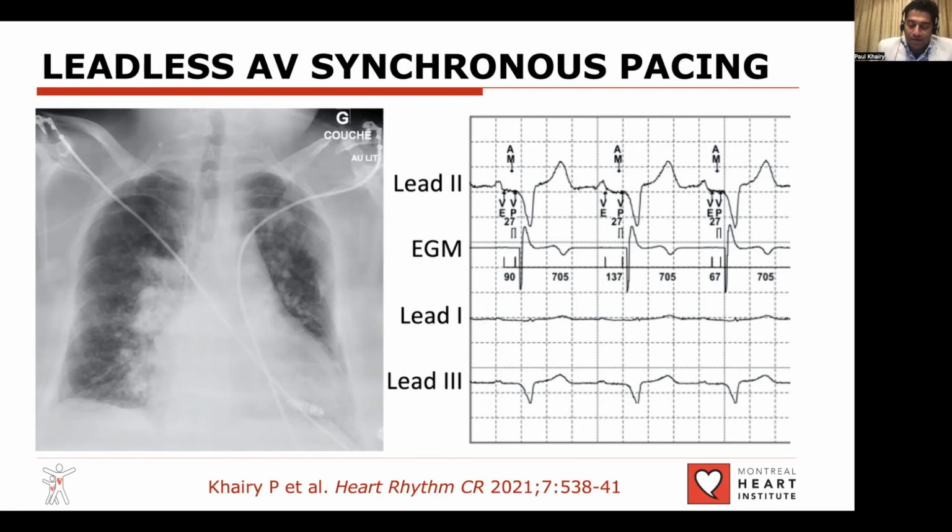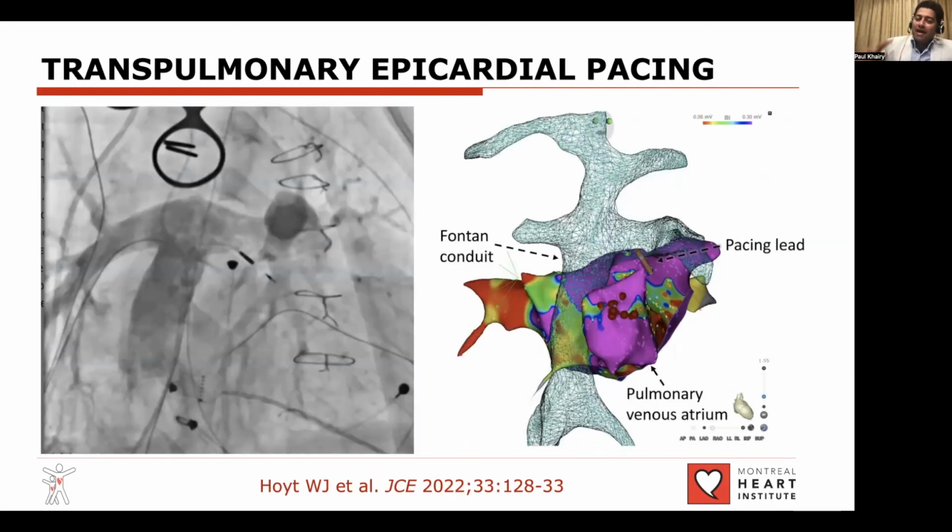Now, quickly circling back to that transpulmonary approach that I previously described to you, the UCLA and Vanderbilt team got together to publish a small case series where they describe a modification of this approach.